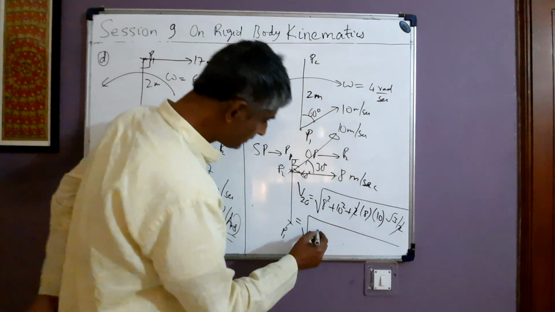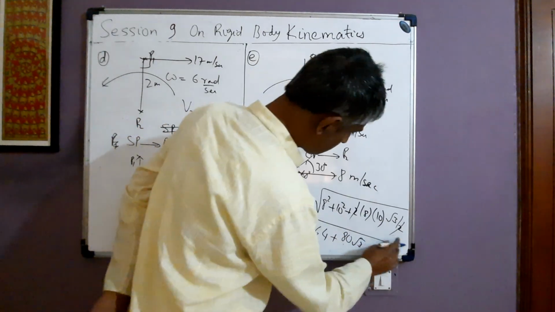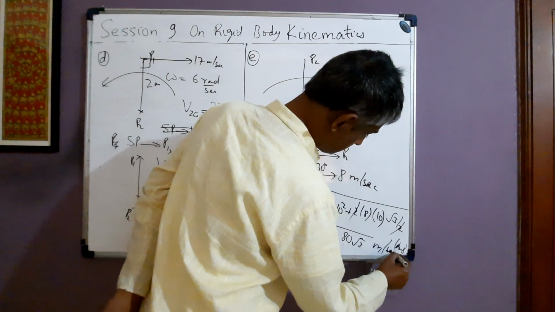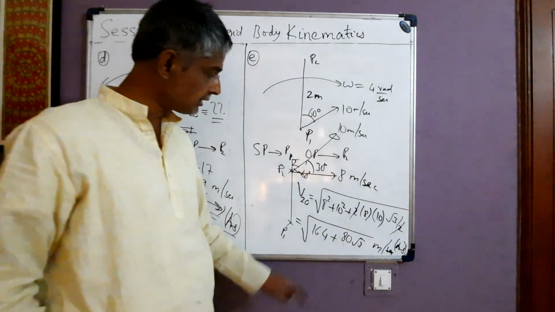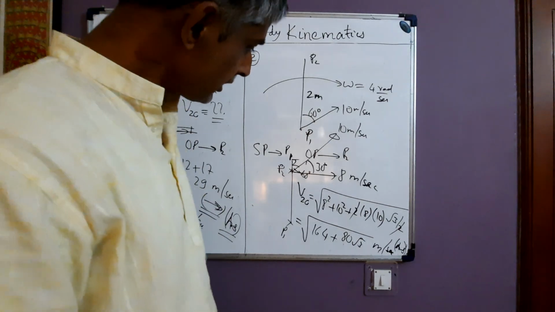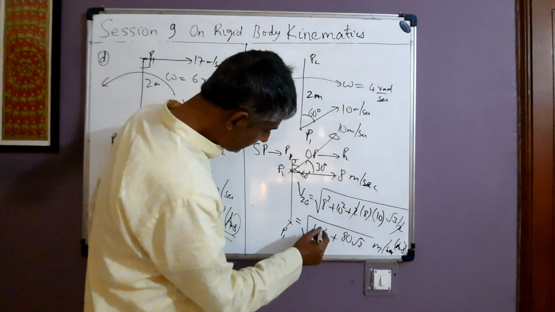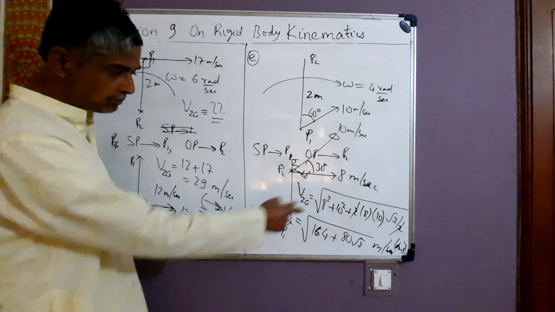This becomes root under 164 plus 80 root 3 meter per second. That is the required answer, the velocity of P2 with respect to ground.